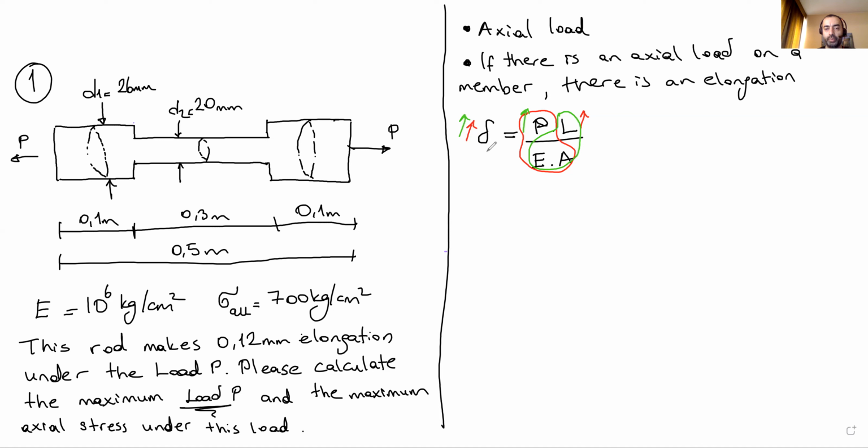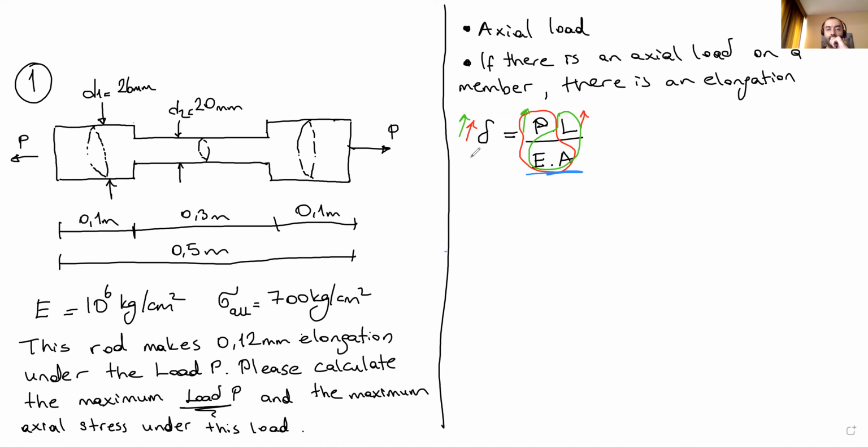And the opposite works for the bottom portion. If we have higher E times A, we are gonna get lower delta. You have to understand this equation, but this is a basic equation. It's not difficult. If you know this equation, you can solve the problem.